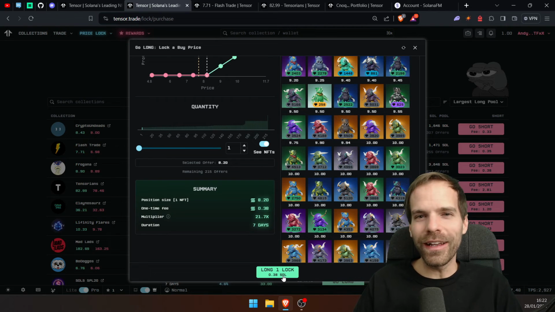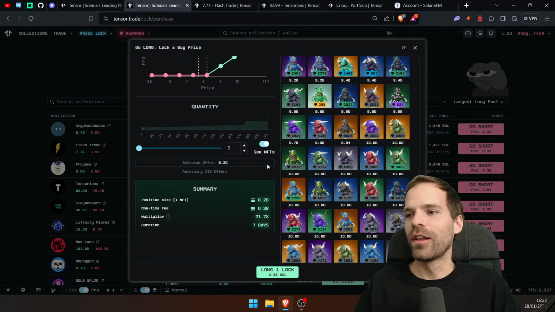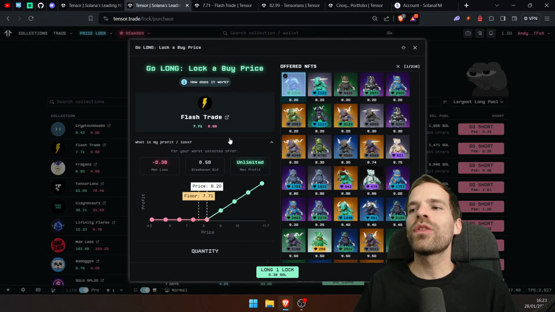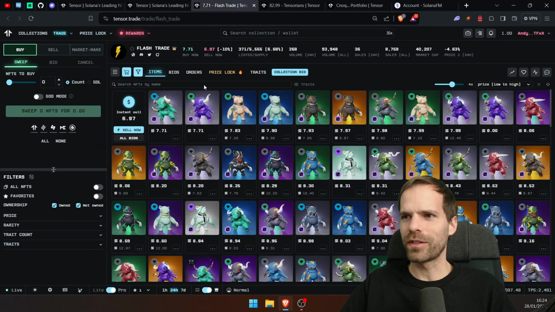So for only 0.38 Sol, we can lock in that price of 8.2. I now pay the fee and then I can buy it for 8.2, which again, would I do this normally if I could just buy another one for 7.7? Not really, because it would need to go to 8.5 essentially.